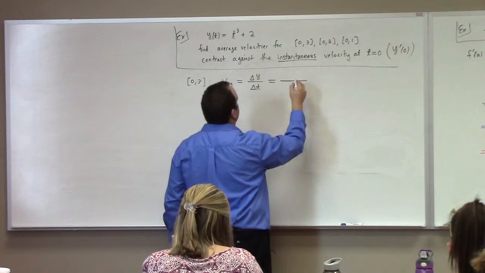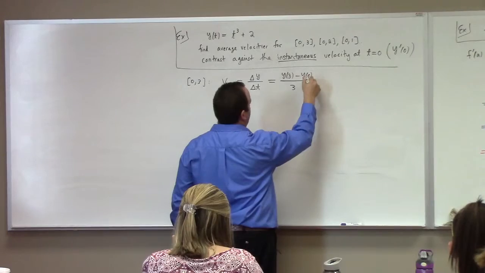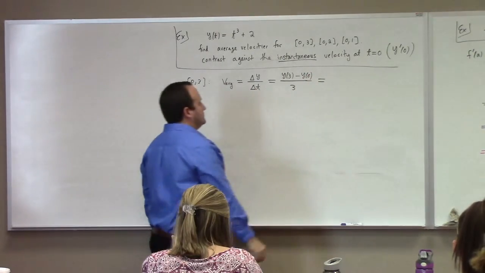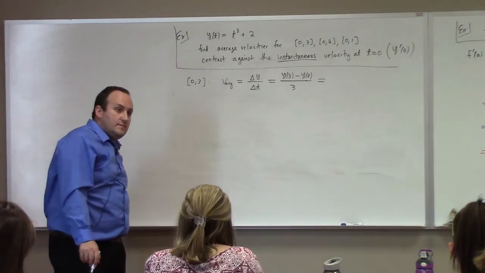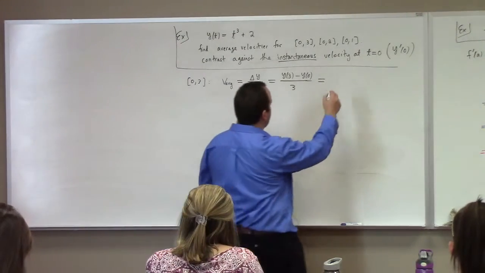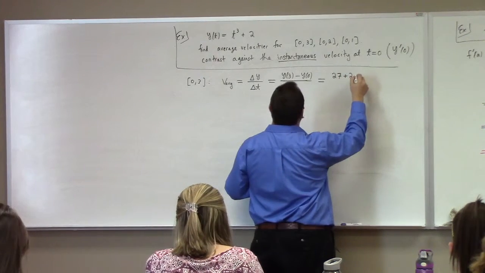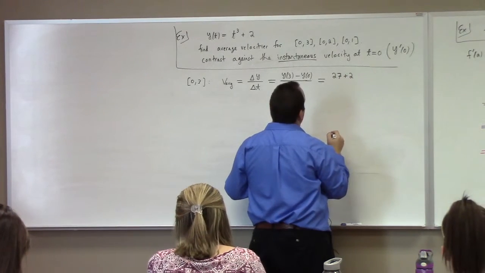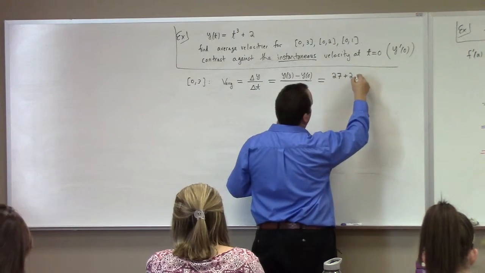And then we got y of 3 minus y of 0. What's that equal to? What's 3 cubed? So we got 27 plus 2. Oh yeah, 27 plus 2 is 29, and then minus y of 0, which is what?